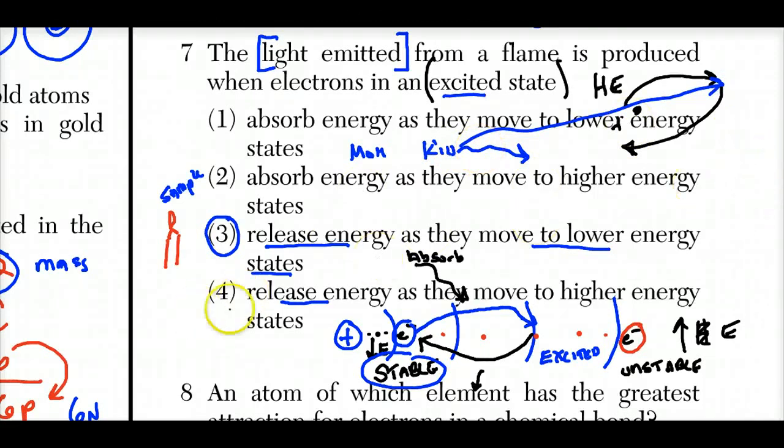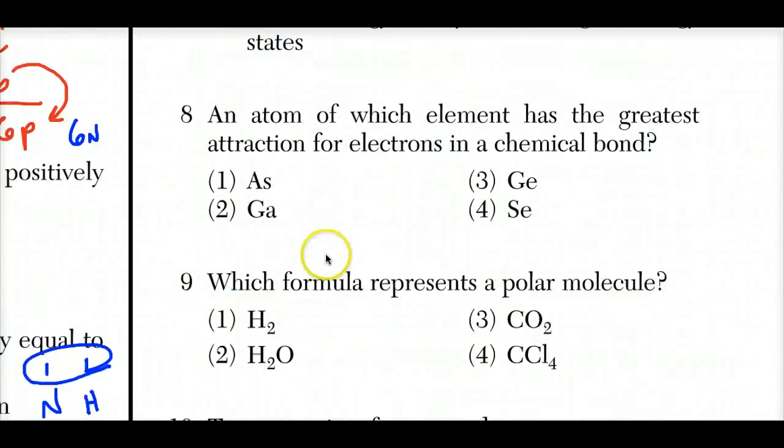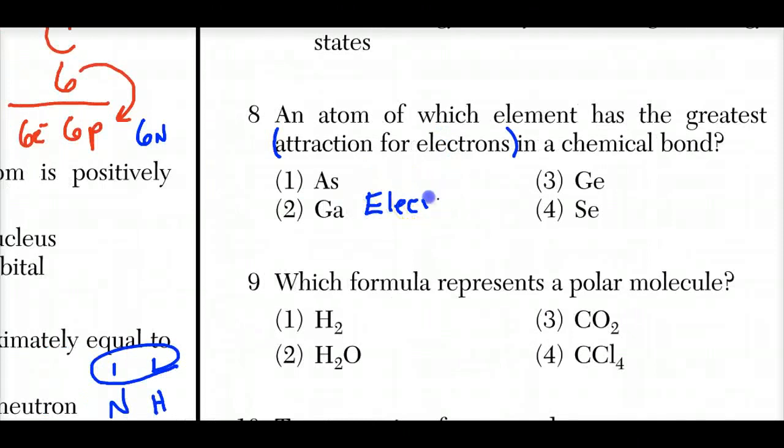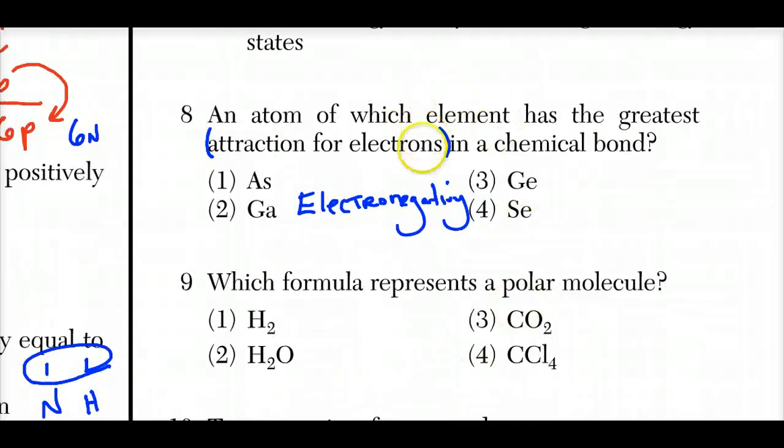In any case, number 8. An atom of which element has the greatest attraction for electrons? This is screaming attraction for electrons. You should know this to be electronegativity.